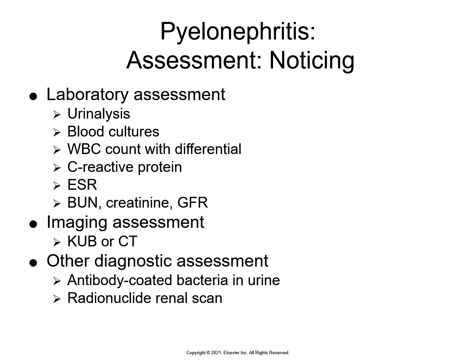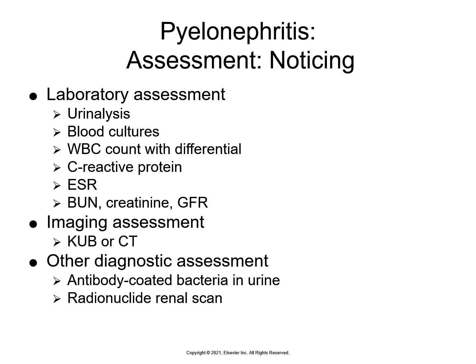Now, assessment. How are you going to assess your patient? What are you going to notice with your patient who has come in and has complaints of pyelonephritis, or has complaints of pain and indications of pyelo?